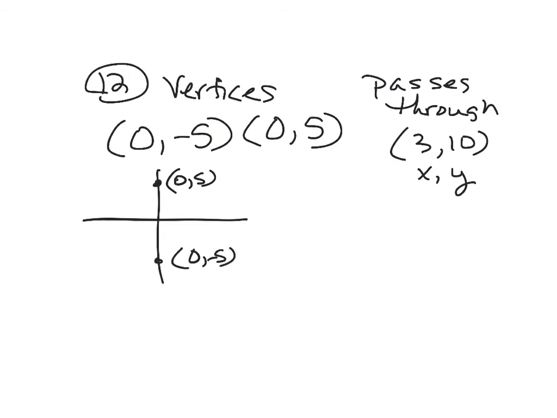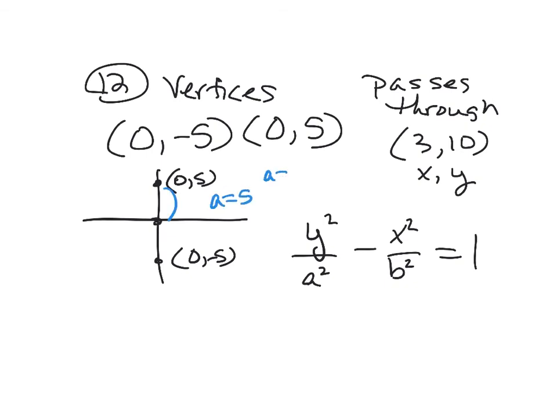So the formula I'm going to be filling in is y squared over a squared minus x squared over b squared equals 1. All I know is my a value, and a equals 5, so a squared is 25. I don't know anything about c squared or b squared, so I'm going to have to do the longer formula where I plug the ordered pair in for x and y.